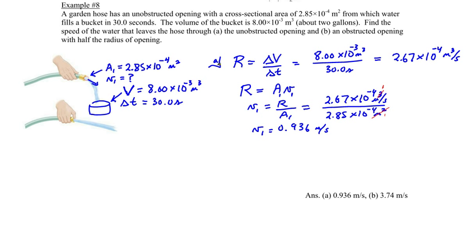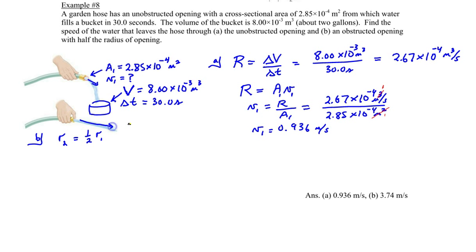Okay, part B. Find the velocity if you were to obstruct the opening by reducing the radius by half. So the new radius R2 is 1/2 of the original radius R1. As the water moves past your thumb, where the cross-sectional area is now smaller, it forms a very fast speed v2.